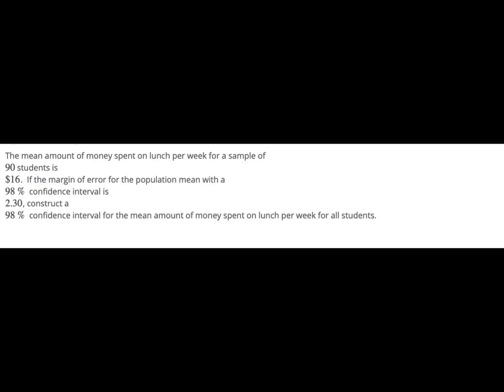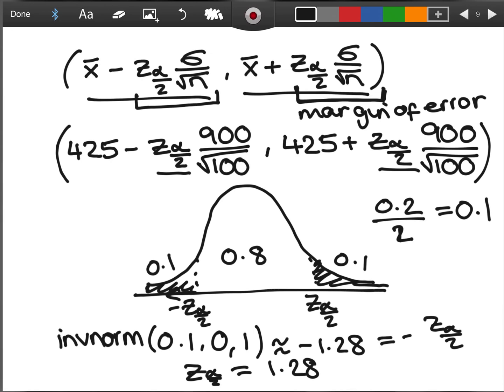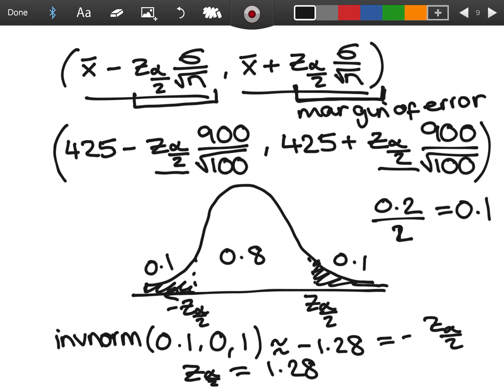So this says the mean amount of money spent on lunch per week for a sample of 90 students is $16. If the margin of error for the population mean with a 98% confidence interval is 2.3, construct a 98% confidence interval. So when we do this, you have been given that margin of error, and you have been given the mean for the sample. So you've got the sample mean and you have this margin of error term.